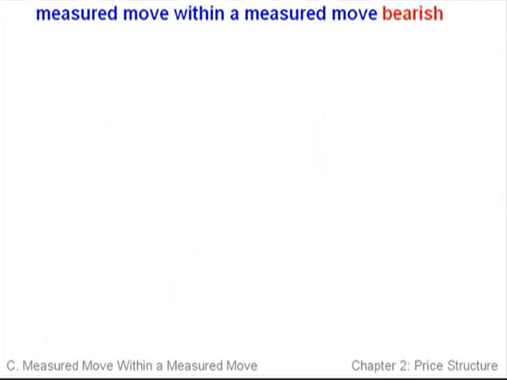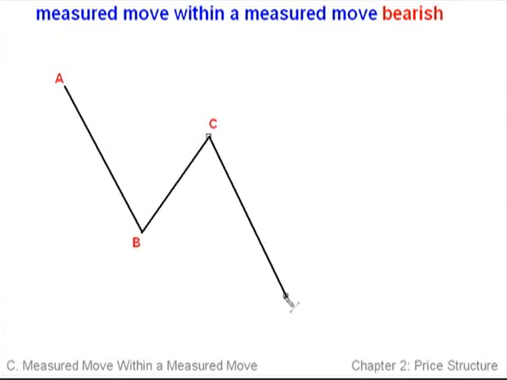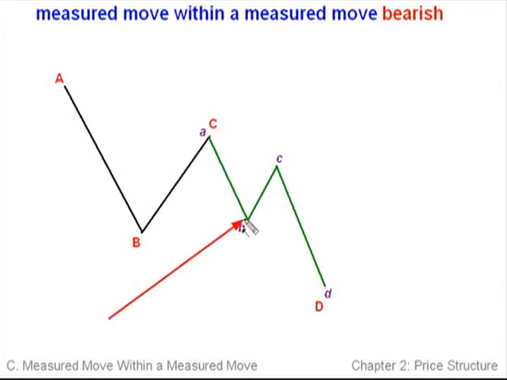Let's now look at the bearish scenario. As price drops from point C, it doesn't go straight bar to bar to point D. Instead, it forms a measured move within a measured move. Of course, the key point is that little b should not be lower than capital B. That's the telltale sign.